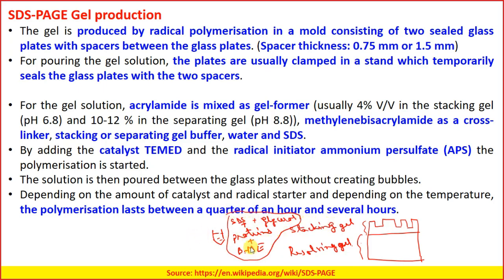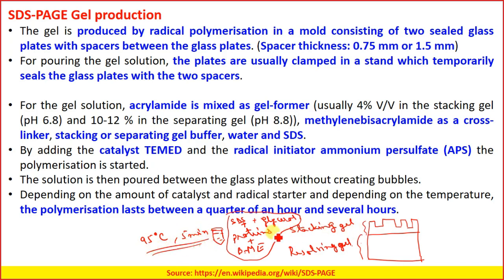If it had been DNA for agarose gel, it would have been glycerol and bromocresol green, sorry, bromophenol blue. Once we have this, we add these samples into the microcentrifuge tube, and the samples are heated at 95 degrees centigrade for 5 minutes.